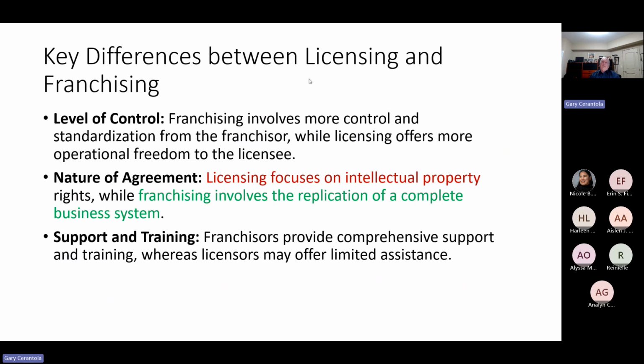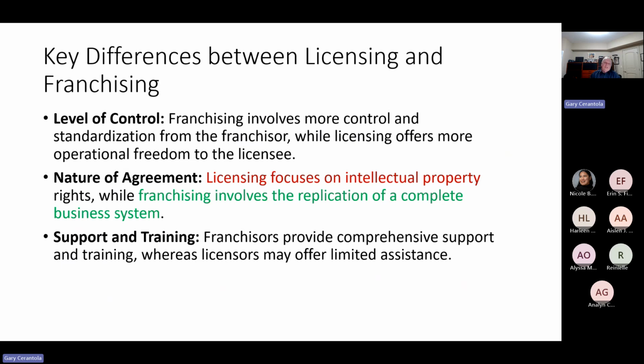But here are the key differences to understand. The level of control: franchising has a lot more control and standardization, but licensing focuses on intellectual property more than on the product itself, while franchising involves replication of the complete business system. Then support and training: franchisors provide comprehensive support.